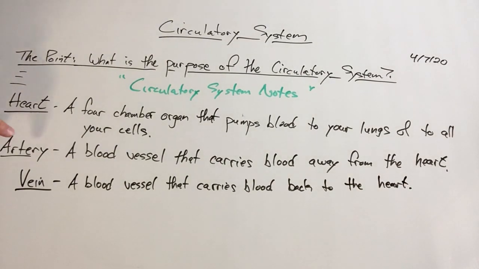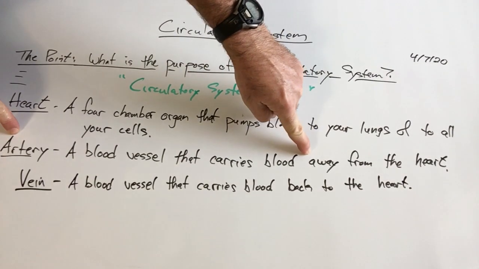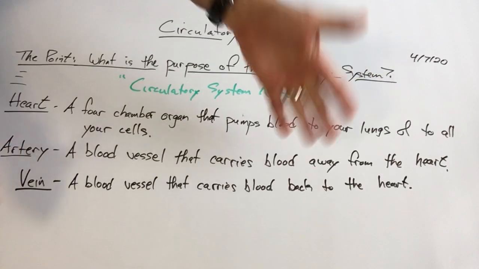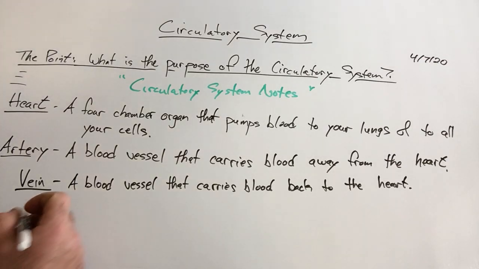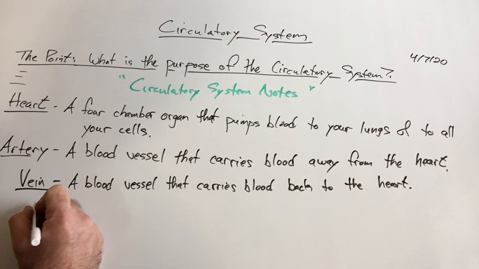So if one carries it away, it probably needs to come back. And the way everyone teaches it is if arteries go away, veins go back. There's no alliteration. It's the other one. If arteries go away, veins are the other direction, which is back. But where does it turn around? So if arteries go away and veins come back, where's the turnaround? And the answer to that is capillaries.